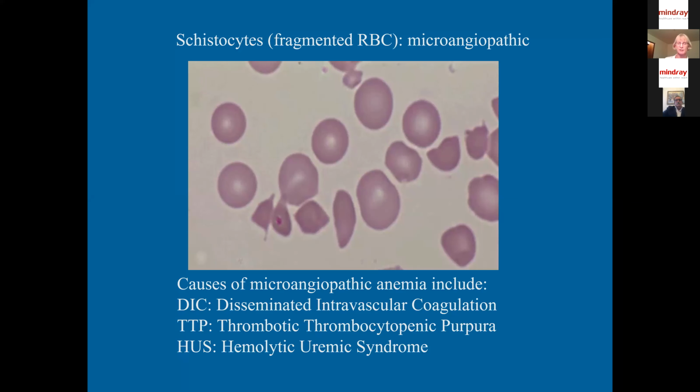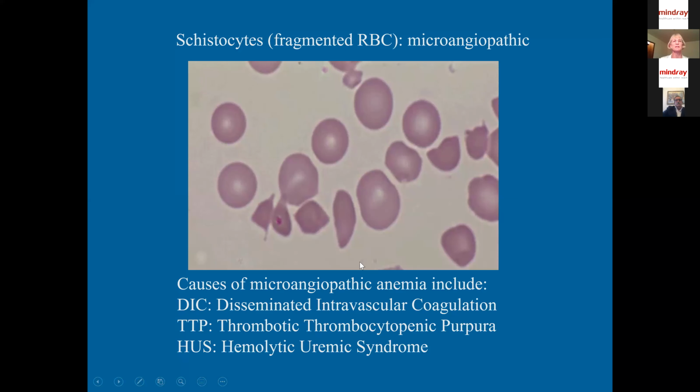They are at risk of getting pigmented gallstones, but otherwise it's just a fairly benign inherited disorder that causes minimal problems for the patients, but something to be aware of and not to be confused with autoimmune hemolytic anemia that also can cause spherocytes.